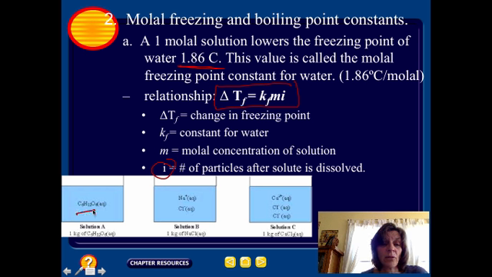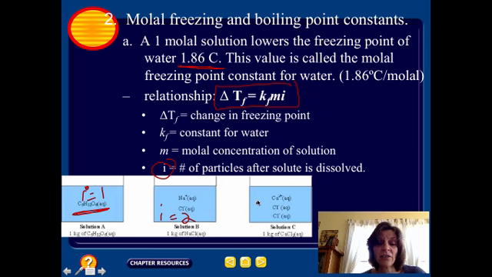For instance, down here you have a glucose molecule. That is a covalently bonded molecule that does not break apart in water. So in this case, i would equal 1. Sodium chloride breaks into 2 particles. i would equal 2 because now the effect of the molality is doubled because 1 molal of NaCl has 2 particles.